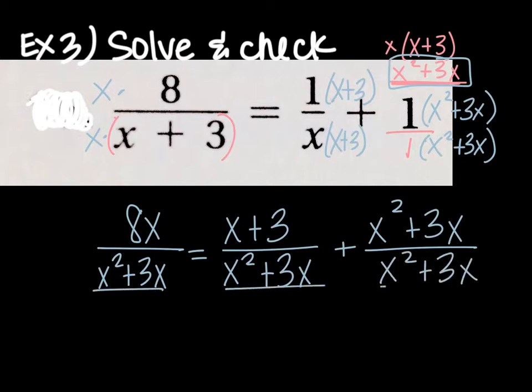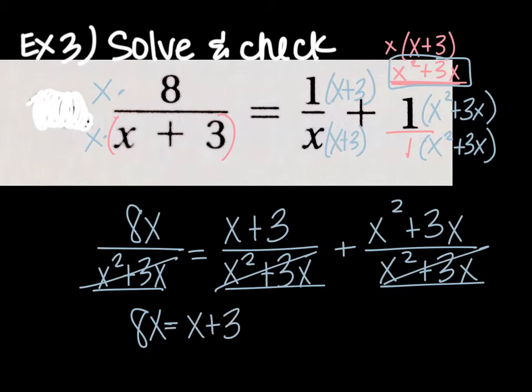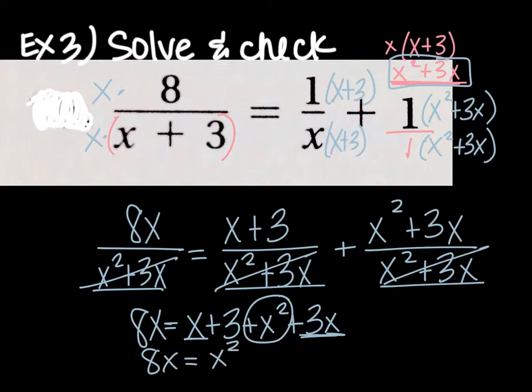Now, since they all have the same denominator, you can get rid of it, and you're left with 8x equals x plus 3 plus x squared plus 3x. And simplify. X plus 3x is 4x. Always put it in standard form. So I get 8x equals x squared plus 4x plus 3.